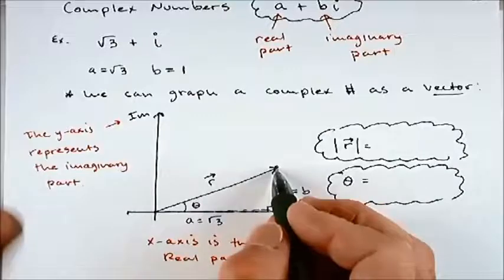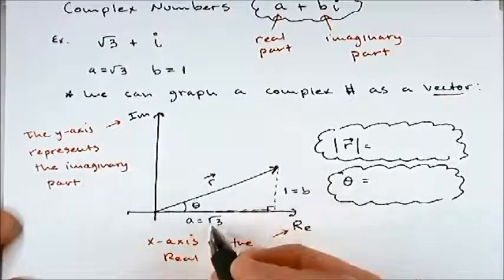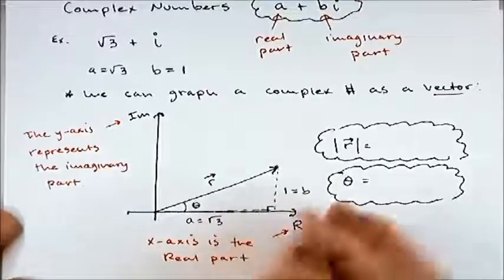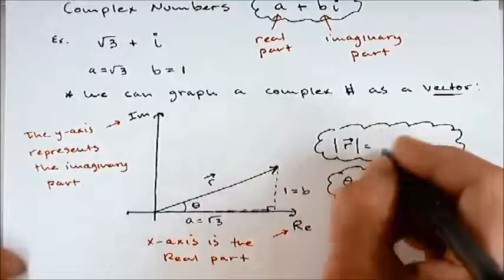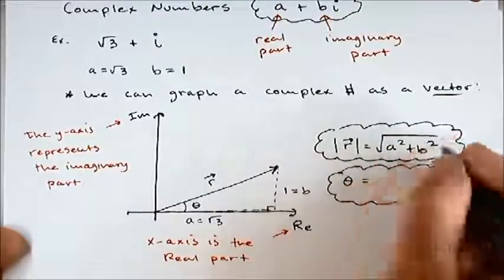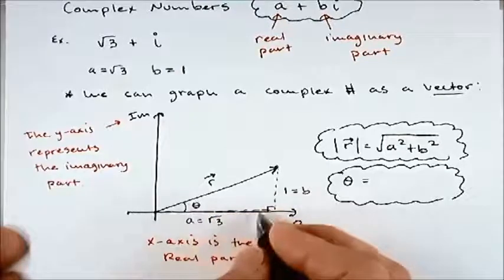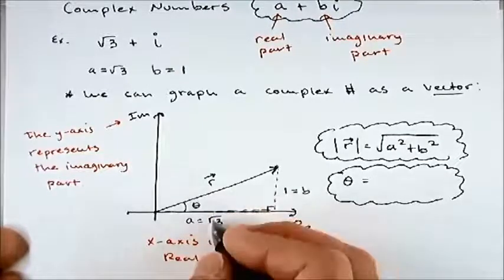And so this vector represents this complex number. We know that vectors have both magnitude and direction. The magnitude of my vector is just the square root of each part squared. It's just the Pythagorean theorem. So in general, the magnitude of r is the square root of a squared plus b squared. And the angle that it makes with the x-axis, you would have a and b, so you would use the tangent function.